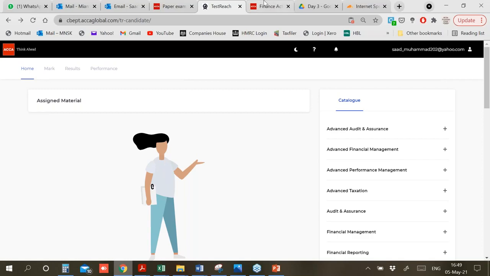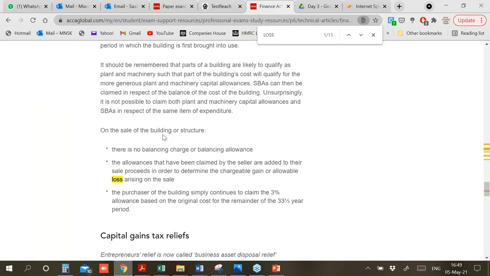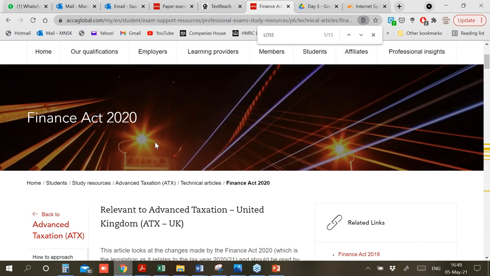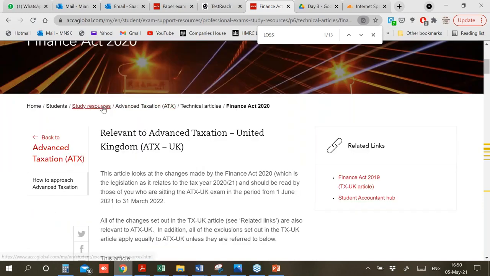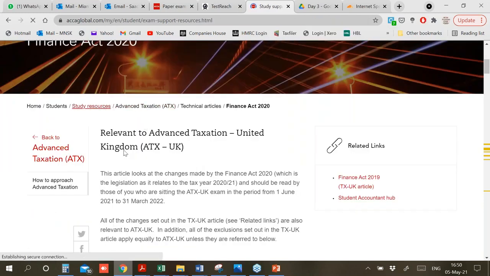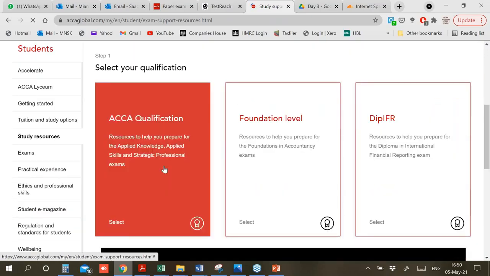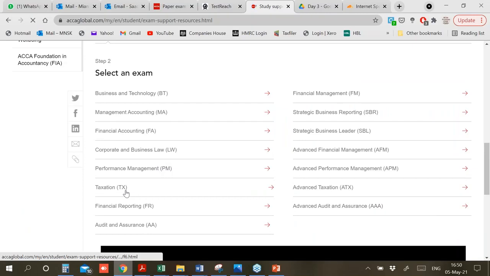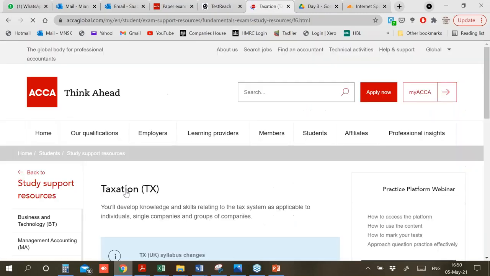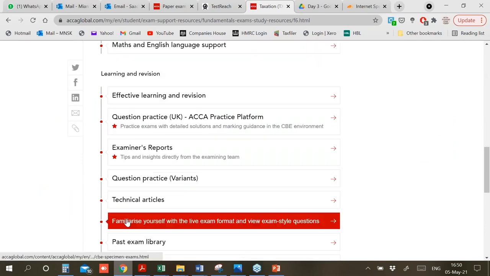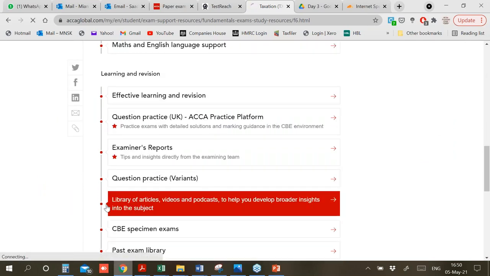Do them. Then there's an article. If you go into the study resources, ACCA qualification, select the taxation exam, then you'll come to technical articles.